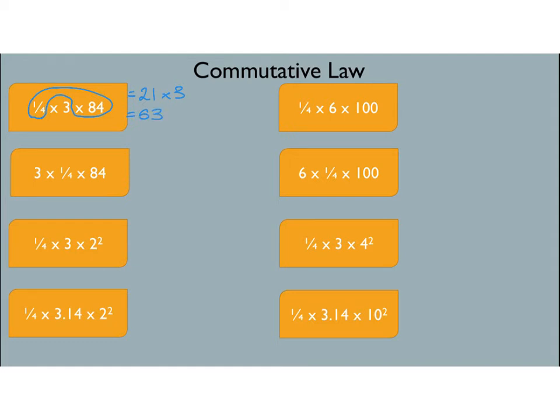Okay, next one across, a quarter of 6. No, I don't fancy that because 6 isn't in the 4 times table. So let's have a look. Remember, we're looking for the easiest option every time. So I'm going to do a quarter of 100 instead. 100 divided by 4 is 25.